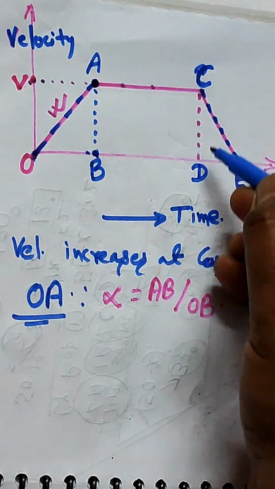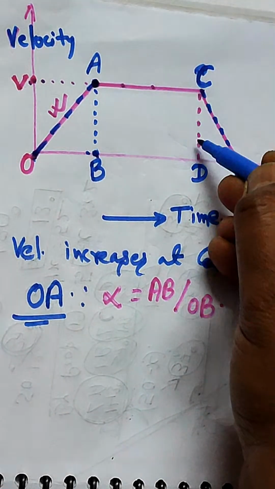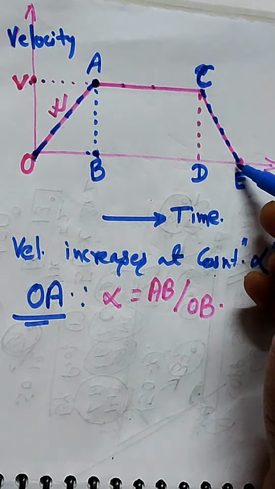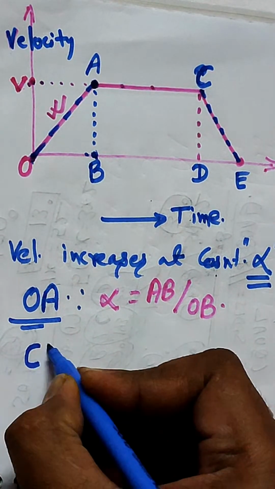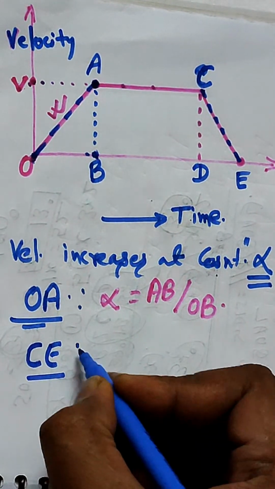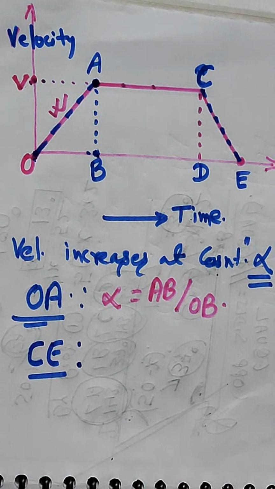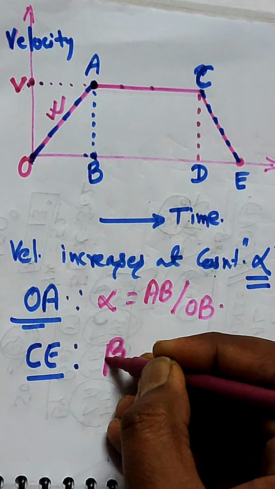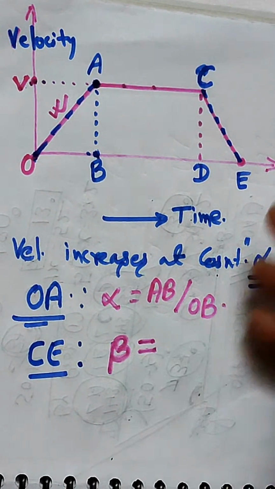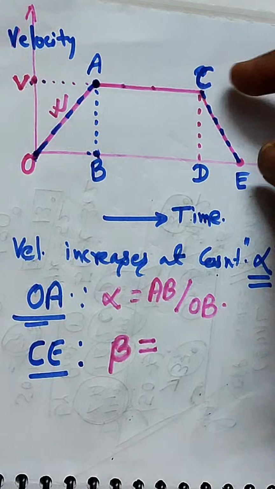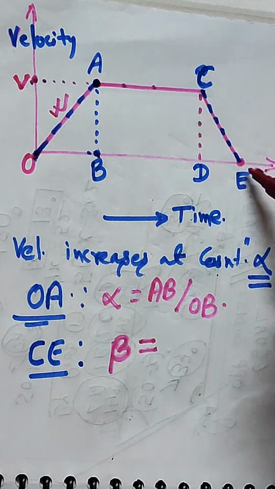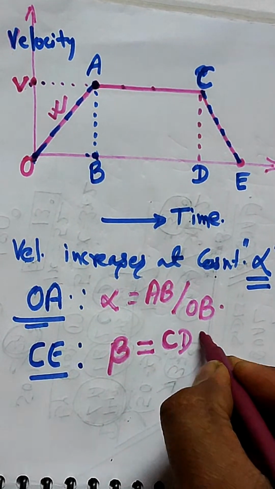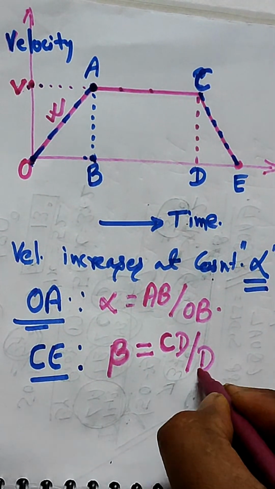So similarly, CD by DE will be the rate of decrease for CE. So for the section CE we can write beta, as given in the question, beta is the rate of retardation. This is given by CD by DE.